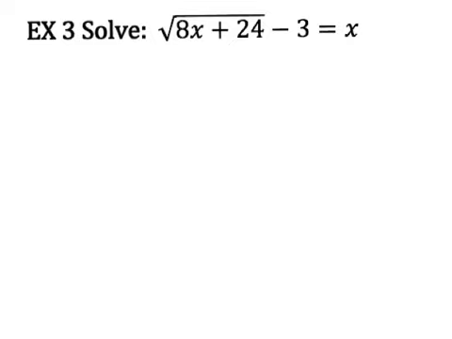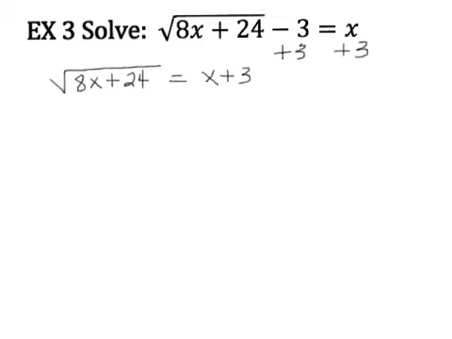Okay, our radical is not isolated. It has a 3 subtracted, so I'm going to add 3 to both sides, which gives me the square root of 8x plus 24 is equal to x plus 3. Okay, now, here's where it's different. That whole factoring thing.